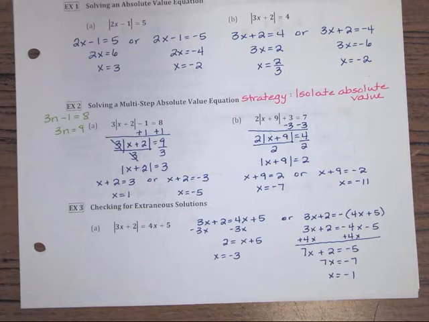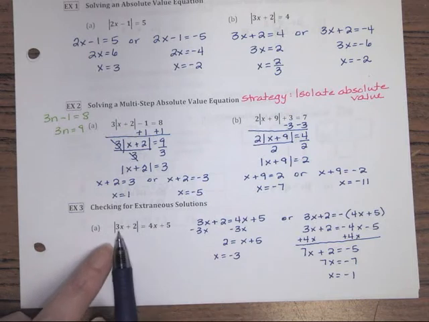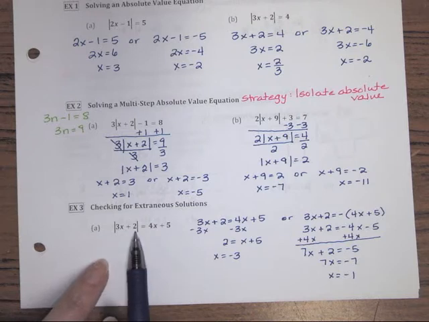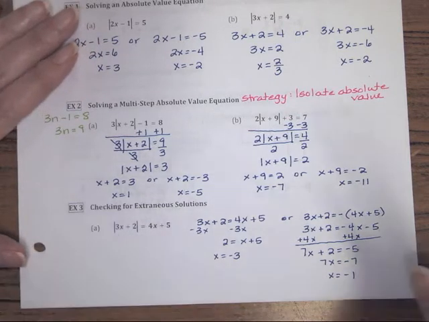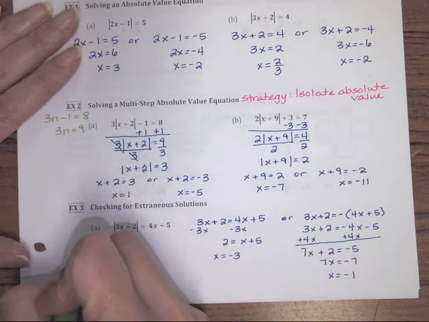Might I suggest, when you get to the end of these, let's check and see if they work, all right? So if we check negative 3, 3 times negative 3 is negative 9, right? So negative 9 plus 2 is negative 7, and the absolute value of that, would you agree, is 7. So let's just write that over here on the side.